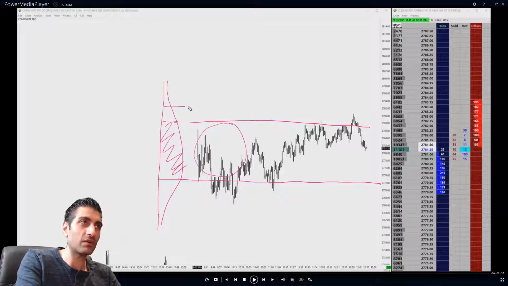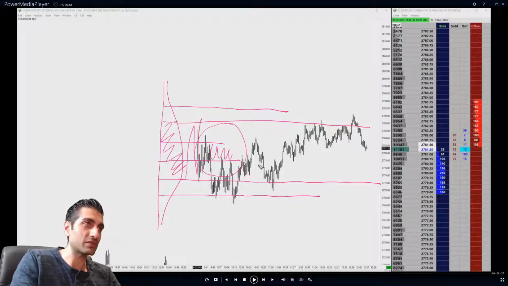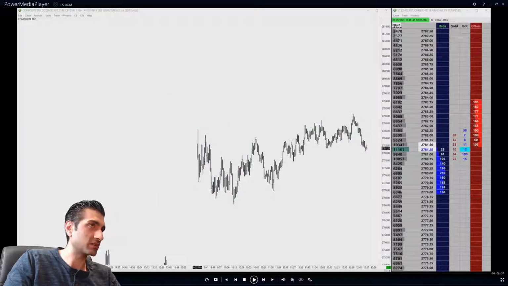How do we know it's not this area? How do we know it's not this area here? How do we know it's not this area here? How do we know it's not, sorry, and I hope you see what I'm doing here.